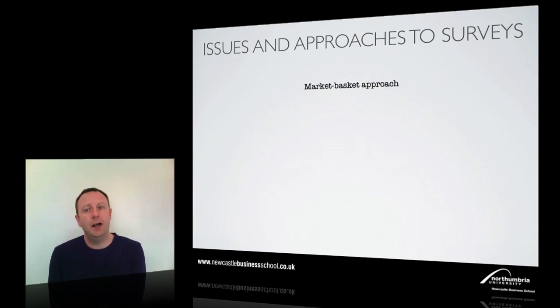Other issues within surveys. It may be that you attempt to do a benchmarking and simply find that the job that you are looking for, that you're trying to match a particular job in your organisation, and that there isn't a match in the survey.